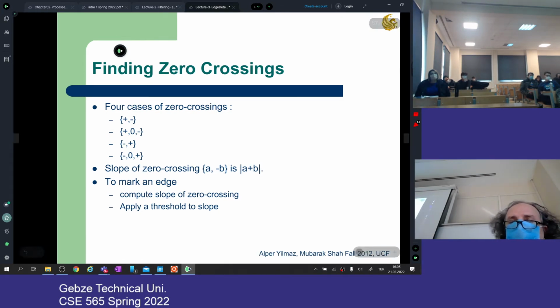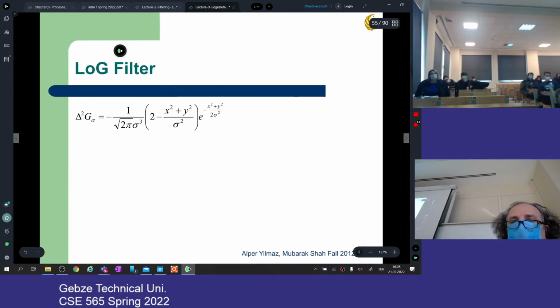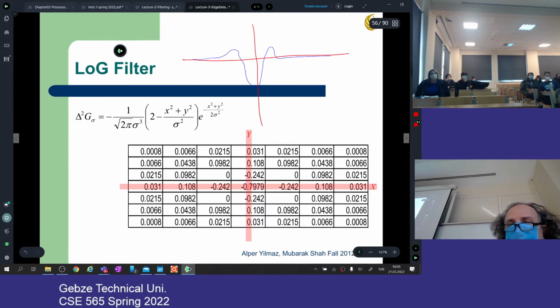Let's say I applied this LoG filter directly to my image, and you get results.